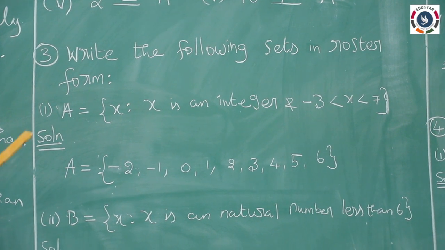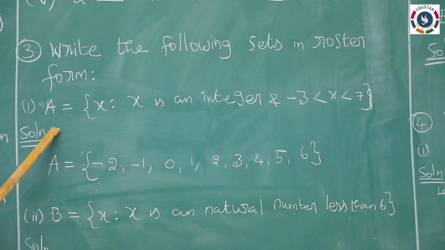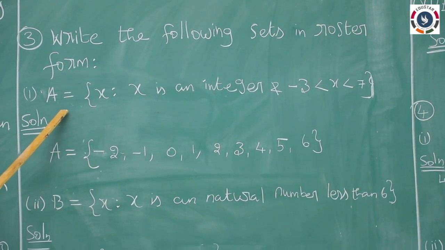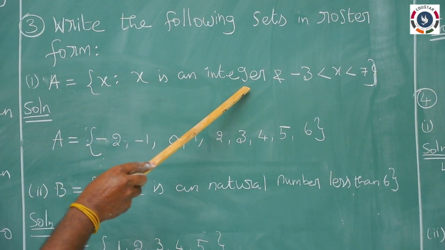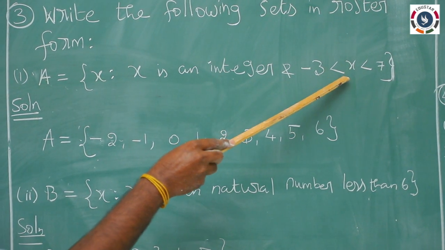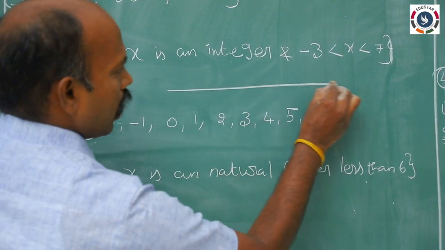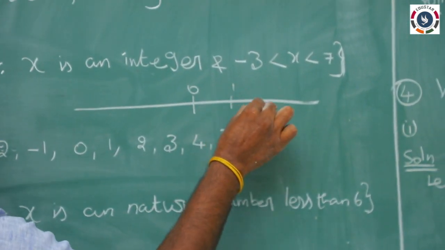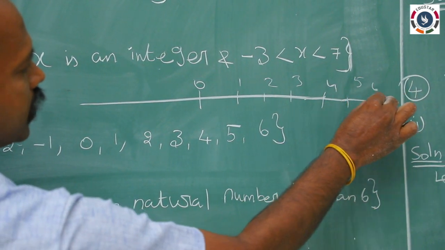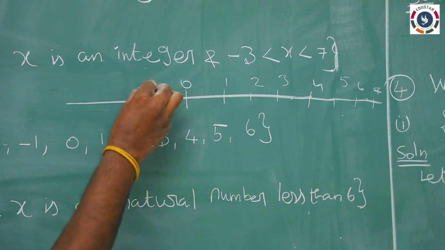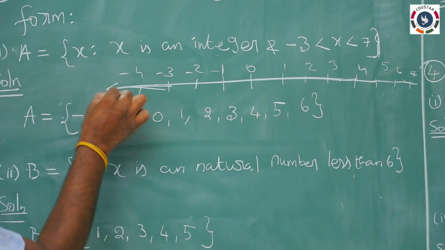So, next problem: write the following sets in roster form. The given problem is in set builder form, to convert to roster form. A equals {x such that x is an integer, minus 3 less than x less than 7}. We know the number line: 0, 1, 2, 3, 4, 5, 6, 7 and so on, and minus 1, minus 2, minus 3, minus 4.